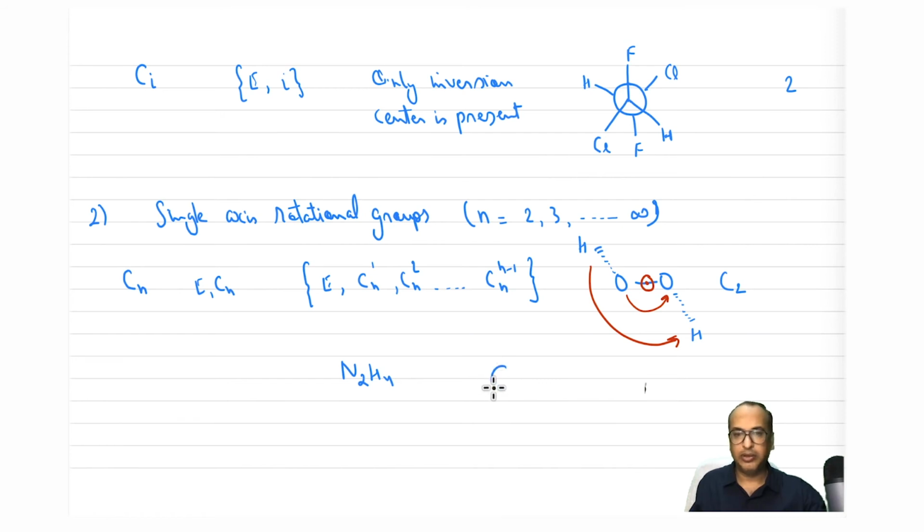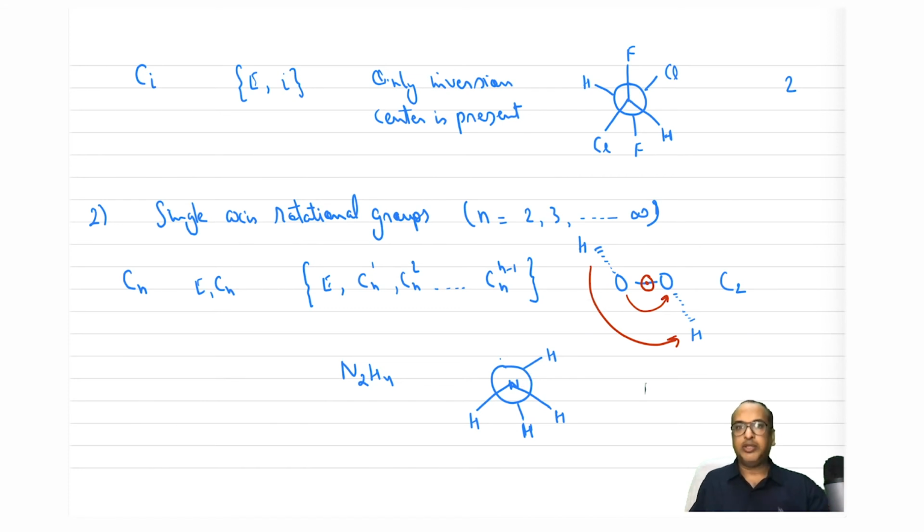Let me draw it: H, H, and this is N, and the back N atom is also drawn like this, and then you have H, H. Here the C2 will be passing through the N-N bond.